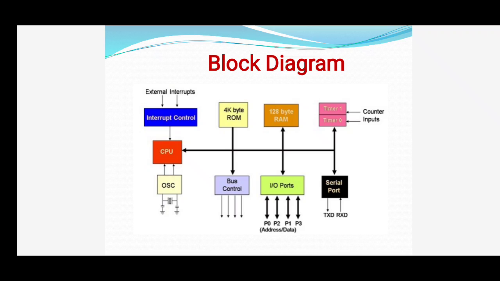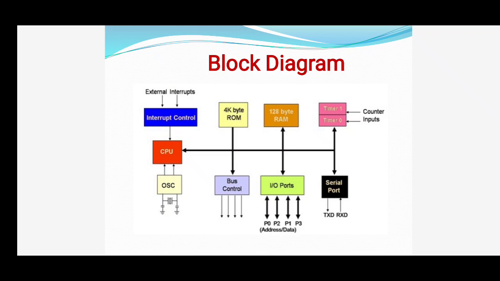Next block is input or output ports. It has 4 input or output ports, P0, P1, P2 and P3. If we are using external memory with the microcontroller, port 0 and port 2 are used as address and data bus, shown in this figure.